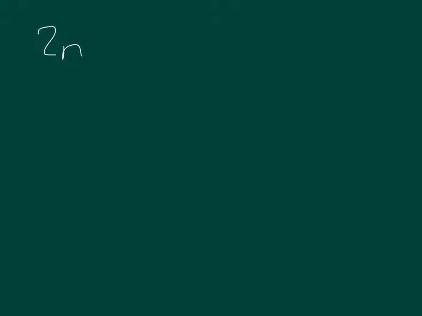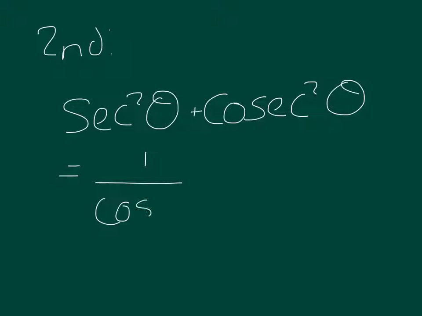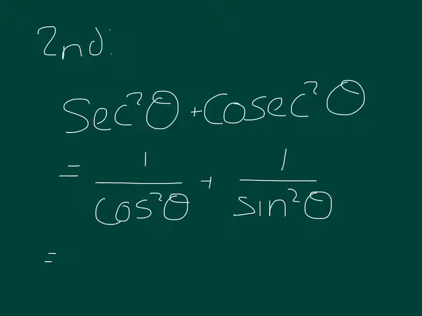Next, we'll take the denominator, sec squared theta plus cosec squared theta, and that is equal to 1 over cos squared theta plus 1 over sine squared theta, and that is equal to 1 over cos squared theta sine squared theta.